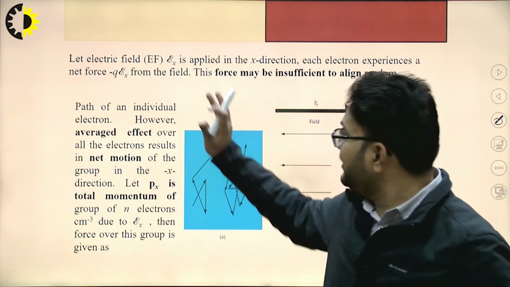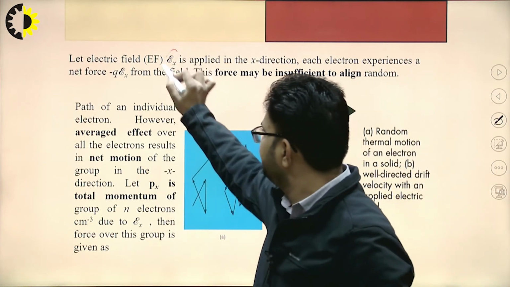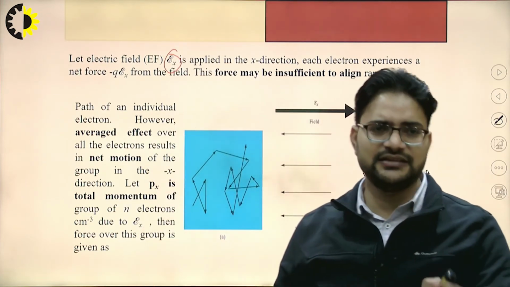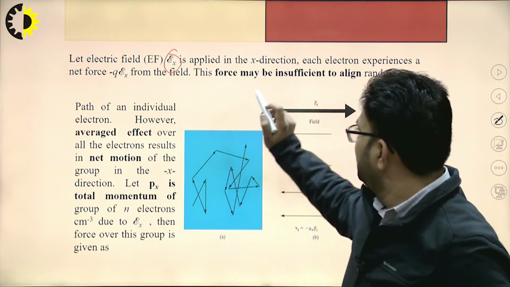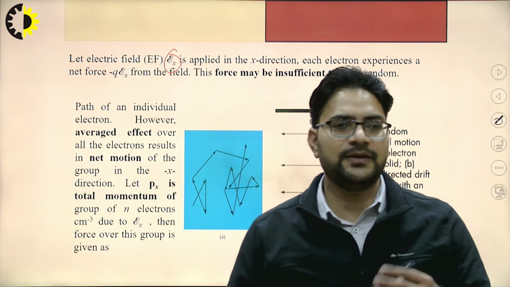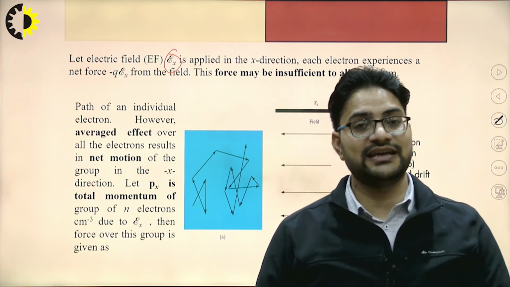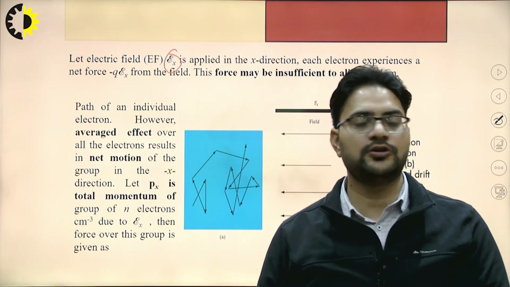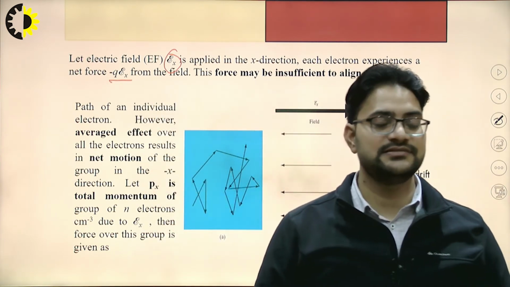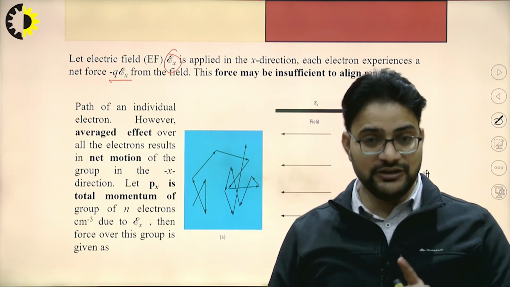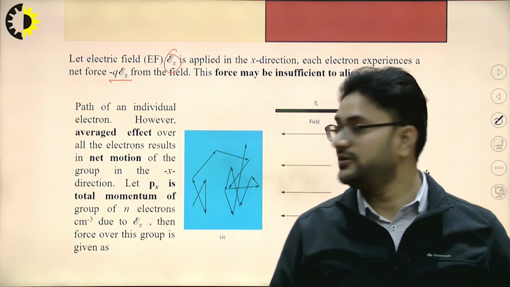So if I apply the electric field, say Ex, meaning we are applying the electric field in the x direction, each electron will experience a net force of minus q into Ex. That is, it will be in the reverse direction, right?